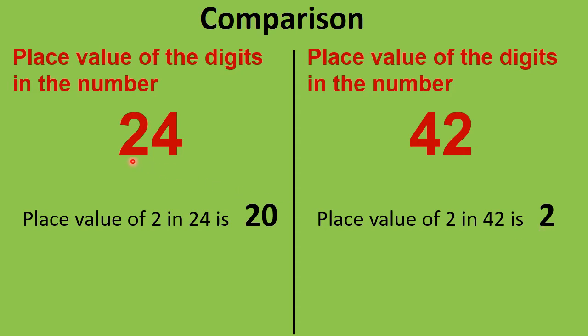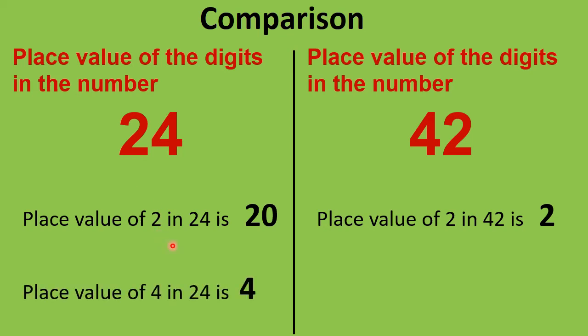Depending on its position, its place value changes. It will not be the same in all numbers. Place value of 2 in all numbers will not be the same. It depends on where the digit 2 is.